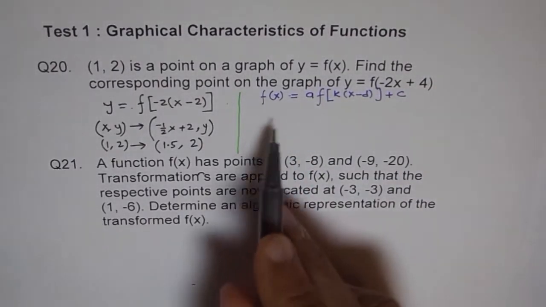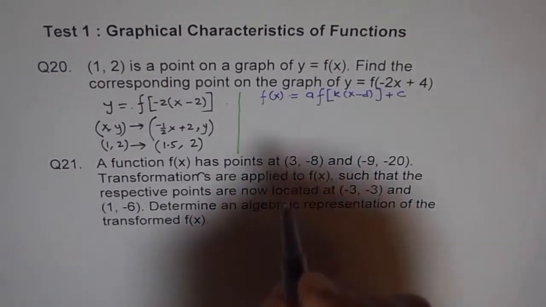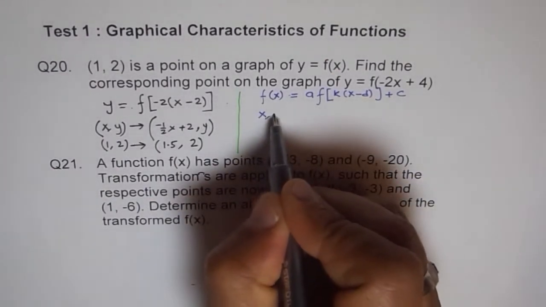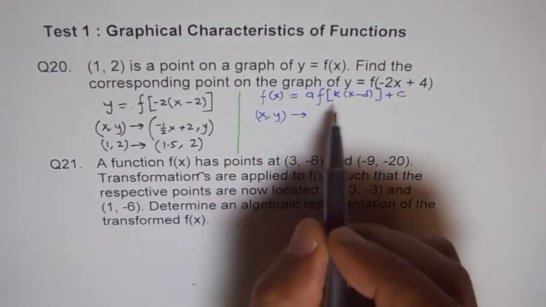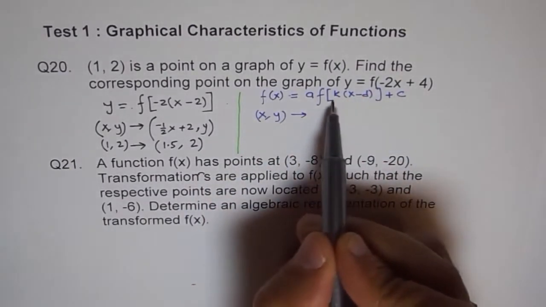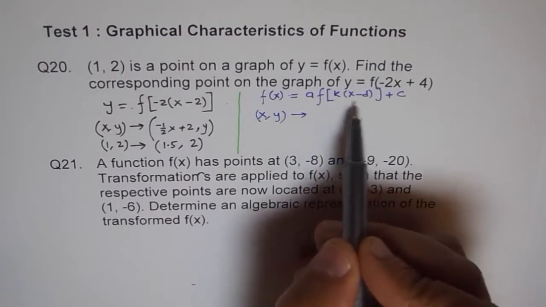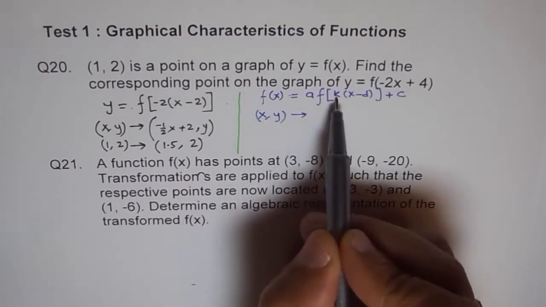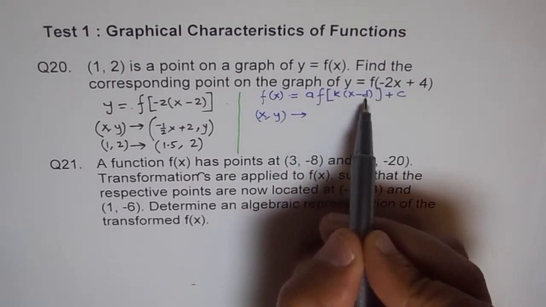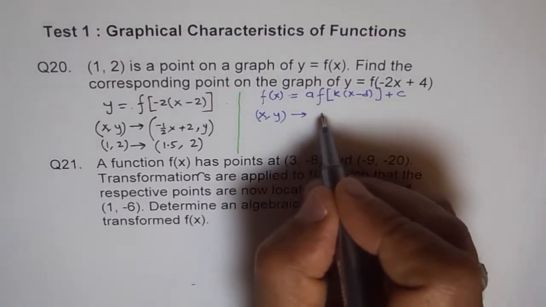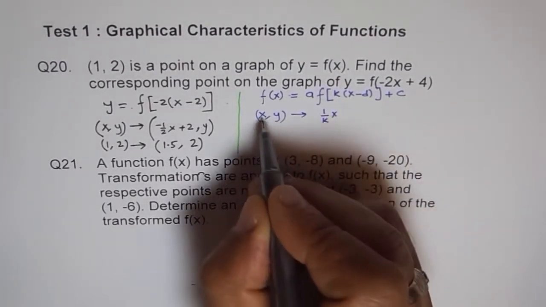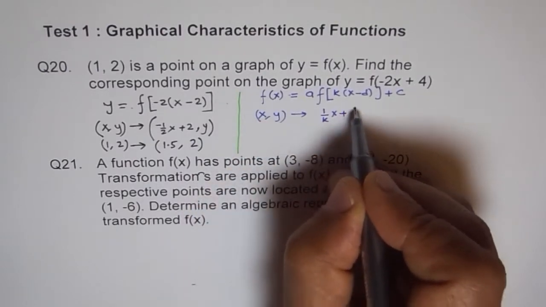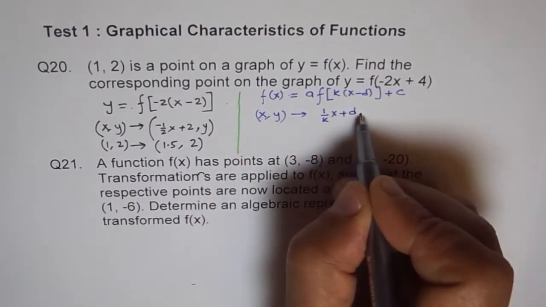If that is my general equation, then how actually do the points x and y get transformed? These values affect your x point, right? So x points get divided by k and then you add d to it, correct? So I'll write here 1 over k times the original x value, plus d. So this happens to my x points, right?